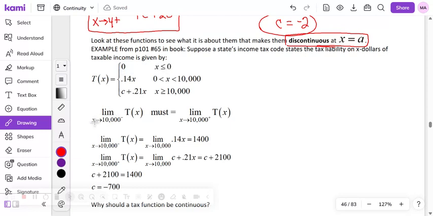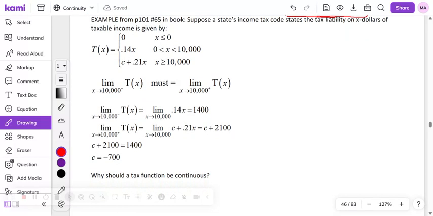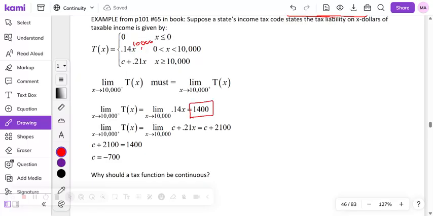But the limit as x approaches 10,000 from the left has to equal the limit as x approaches 10,000 from the right. Okay, so that's what we're going to look at. From the left, if we put 10,000 in here, we get 1,400.